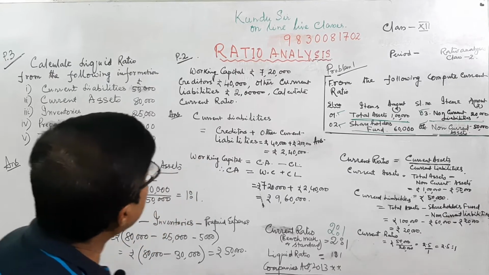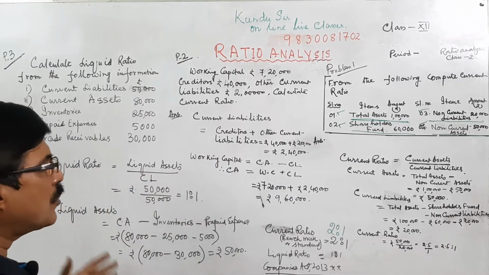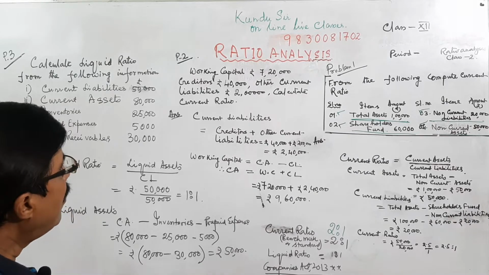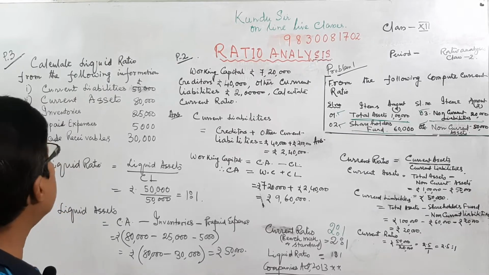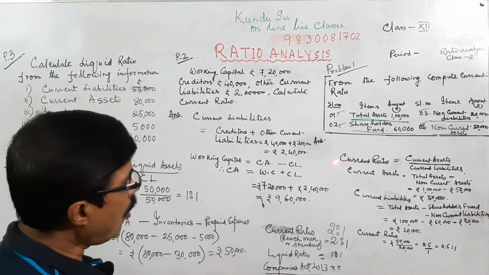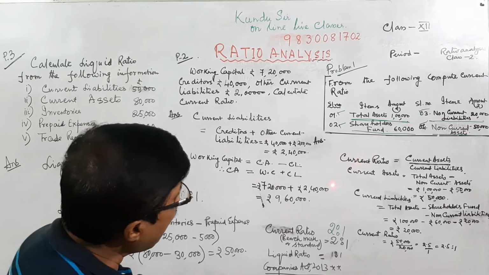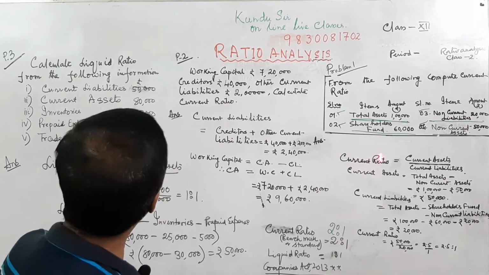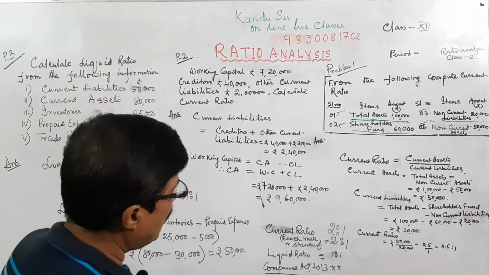I gave all the explanation and all categories of ratio, but I had not discussed the formulas of all these ratios. In the last class I discussed only the formulas related to current ratio and liquid ratio.